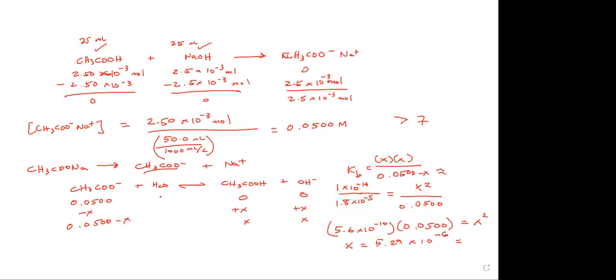So you can get the pOH, which is equal to what? Negative log of 5.29 times 10 to the negative 6. So that's around 5.27 or 5.28. So the pH will be equal to 8.72.